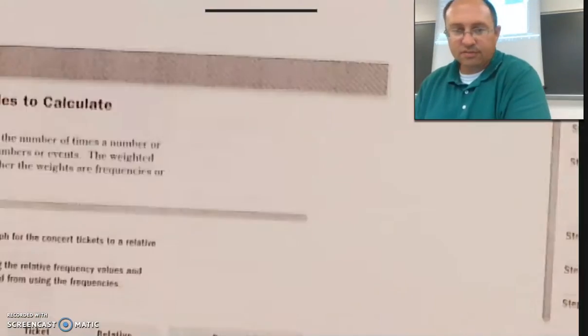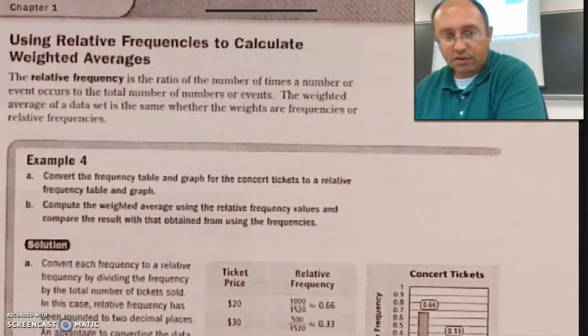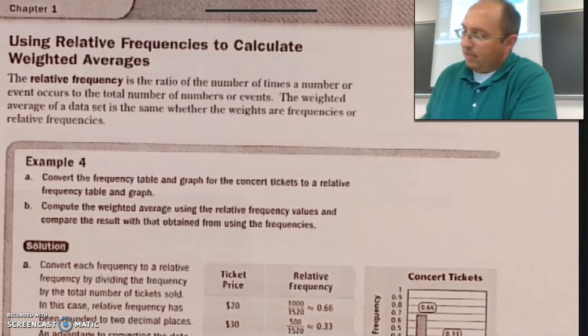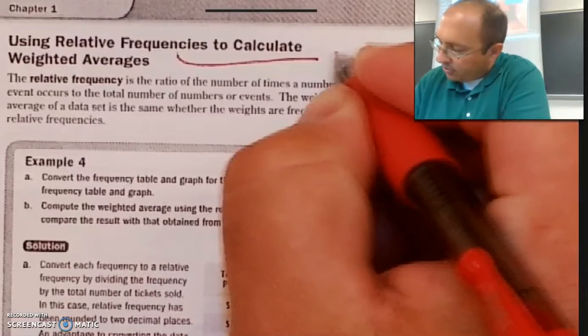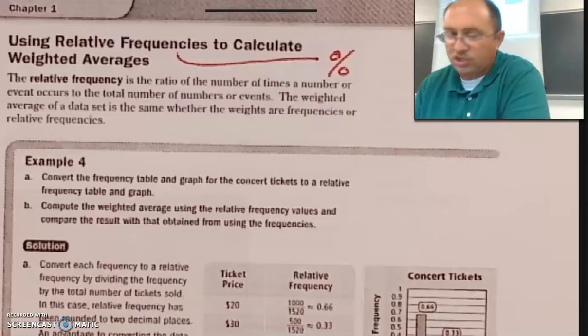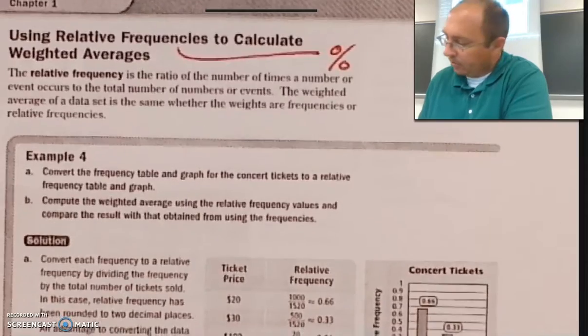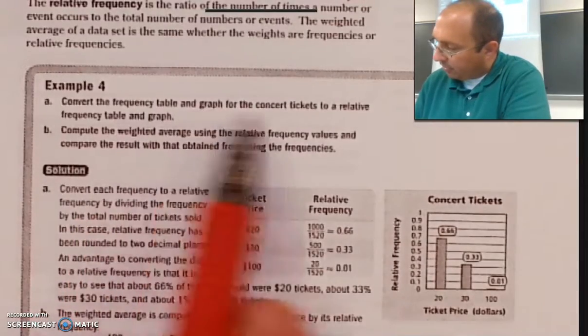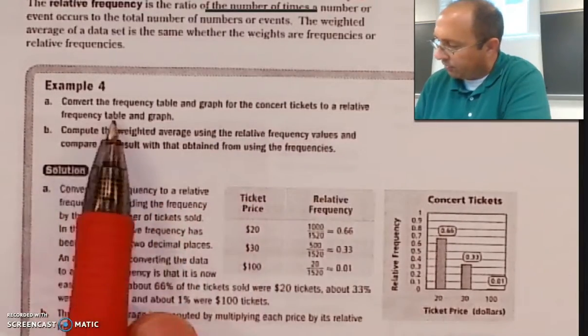Relative frequencies. Last thing on our list here. A relative frequency means we're talking about percentages. Okay, changing things to percentages. Convert the frequency table and graph for the concert tickets to relative frequencies.